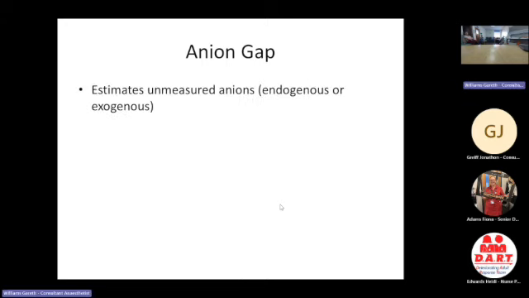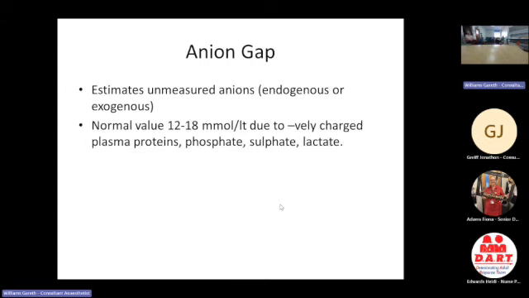So it estimates unmeasured anions, and within our bodies it is normal to have 12 to 18 millimoles per litre of extracellular fluid. There's the answer for you. So we're talking about anions, so negatively charged particles. These will be associated with things like plasma proteins and then other inorganic molecules like phosphates and sulfates, and a certain amount of lactate is called normal lactate too.